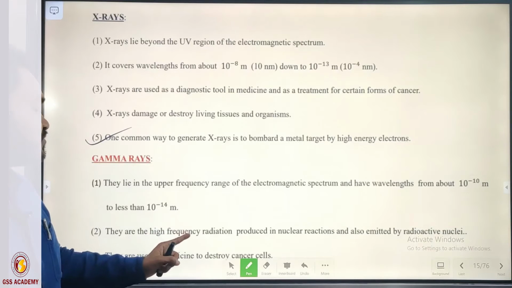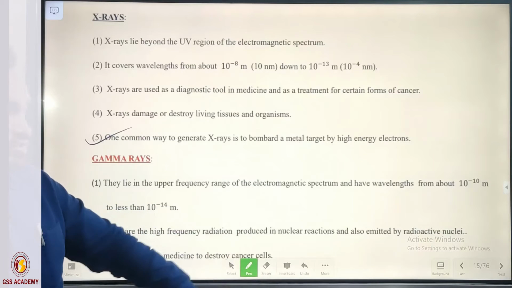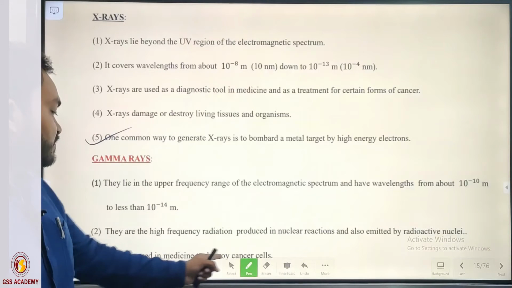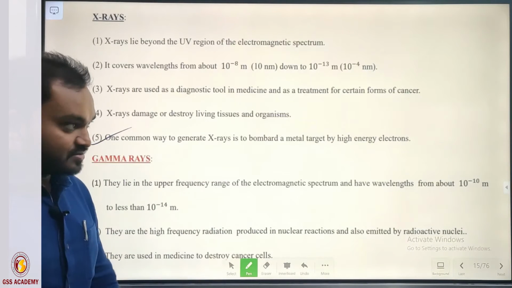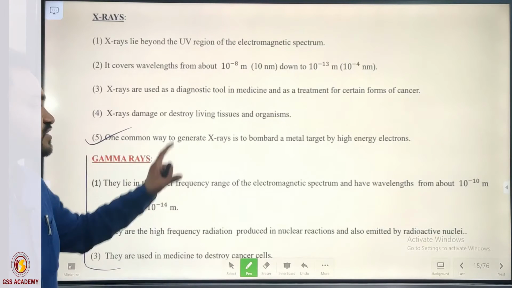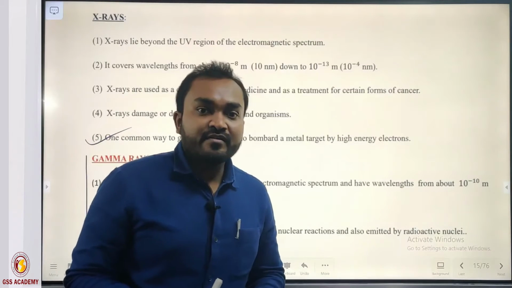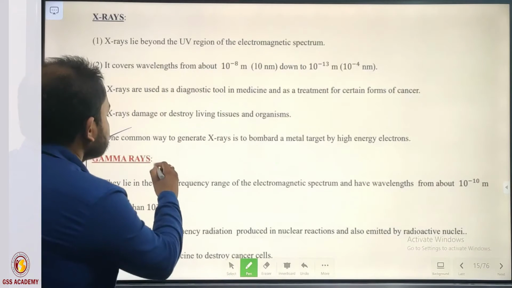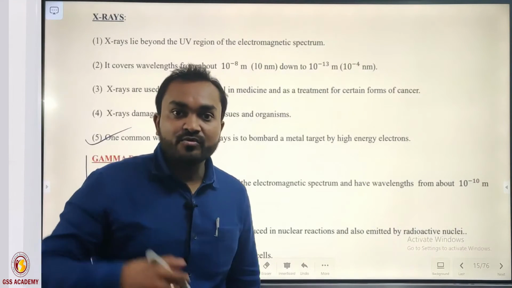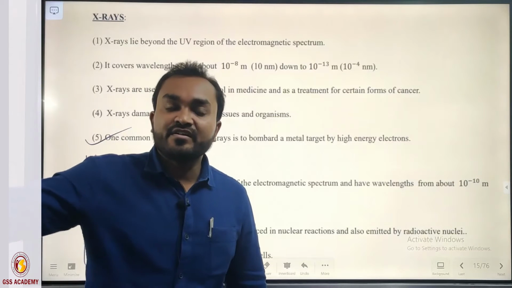They are high frequency radiation produced in nuclear reactions and also emitted by radioactive nuclei. They are used in medicine to destroy cancer cells. So these gamma rays uses, I have just put it here. These gamma rays are used in your well logging, also in hydrocarbon industry well logging, or well logging in the mineral industry.